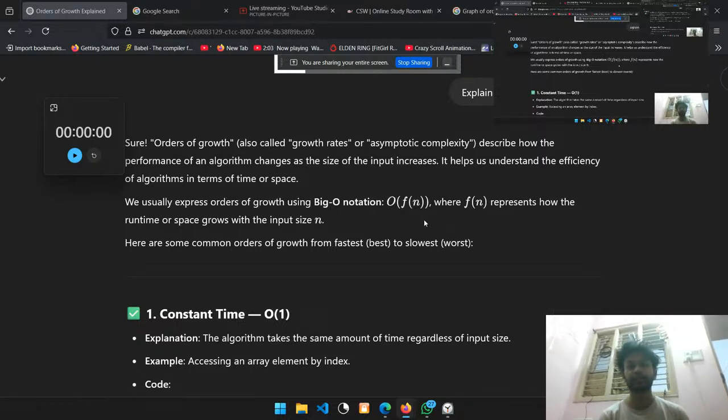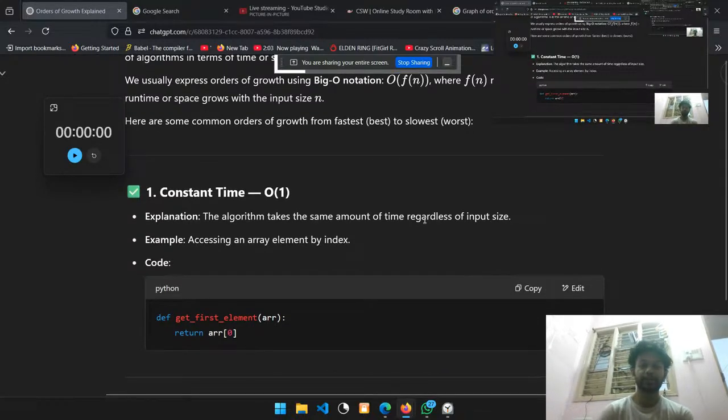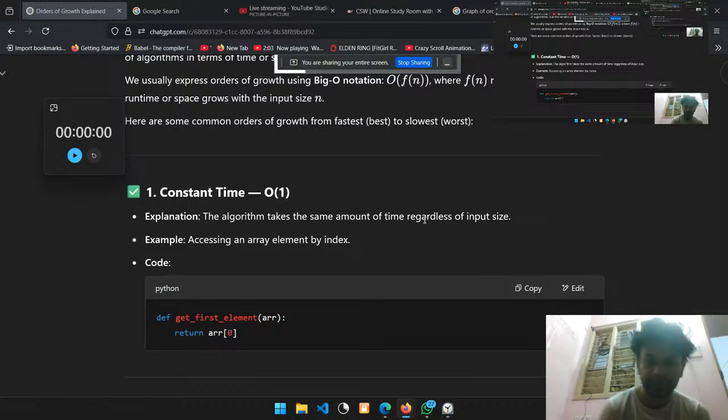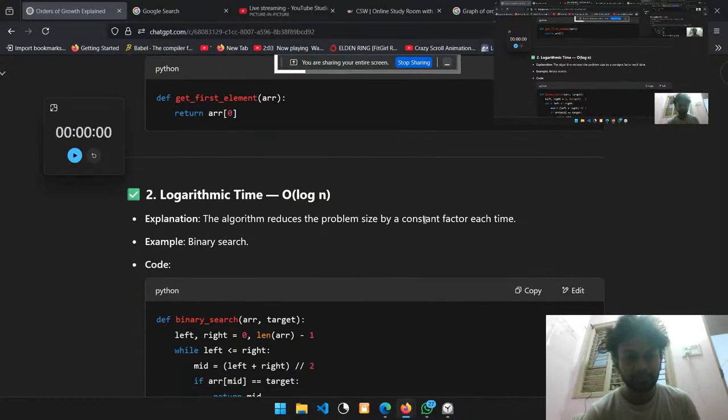We usually express the order using O of f of n, where f of n represents how the runtime or space grows with the input n. With f of n equal to 1, the algorithm takes the same amount of time regardless of the input size, like indexing an array element, which takes O of 1 time.